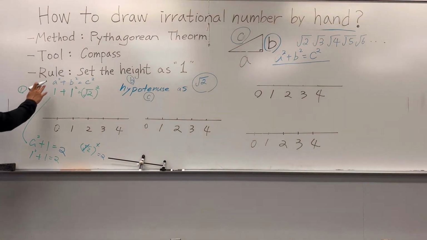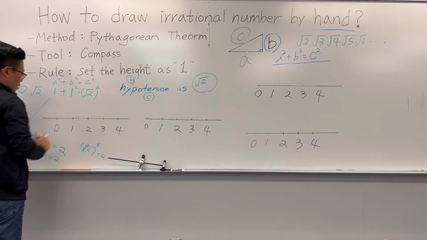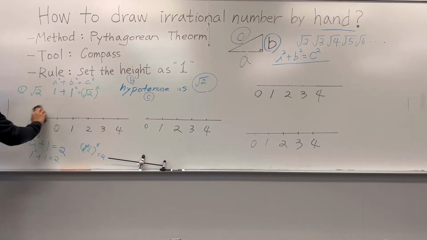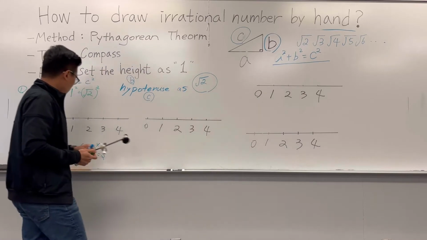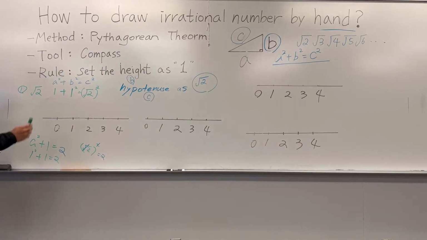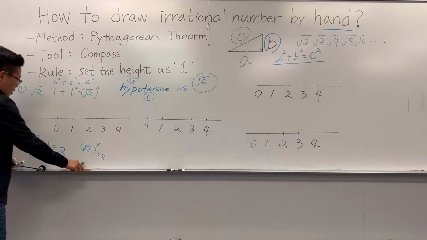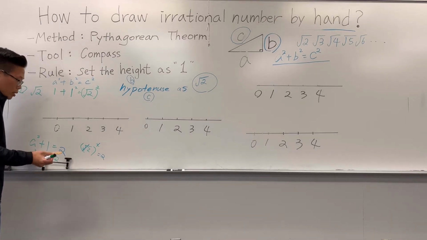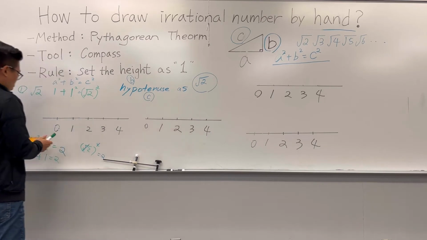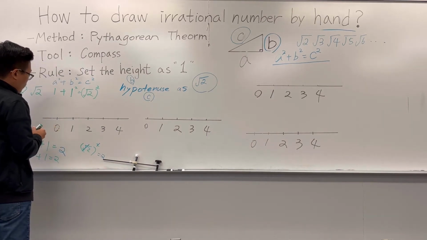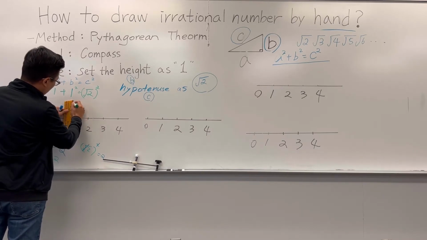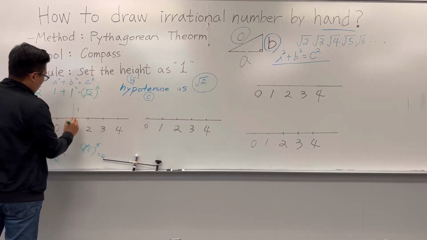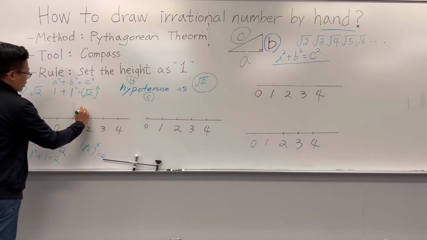Okay, so now we have a, b, c: 1, 1, and the square root of 2. And now it's time to draw. I will use my compass. However, first of all, I need to draw the height of the triangle. The height here is 1. That's b, right?